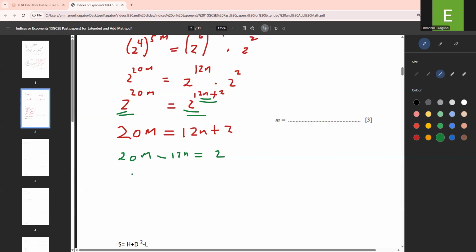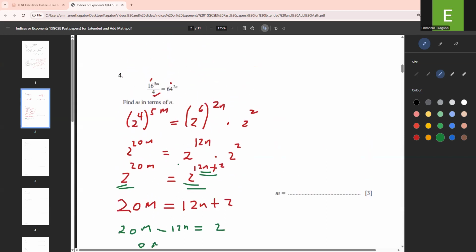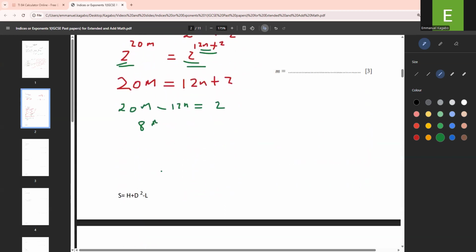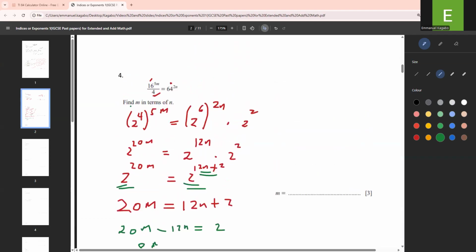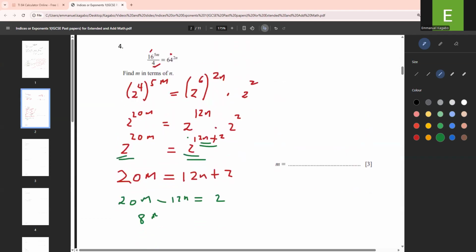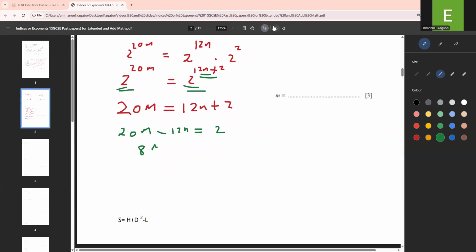So what about here now? I'll get 8m, right? Okay. Actually, they said find the value of m in terms of n. Very easy, that's not a big deal. So let me just go back here. I would have just kept it here, because they said we find m in terms of n. So I'll divide by 20 by 20.